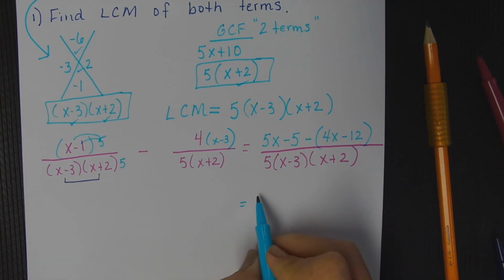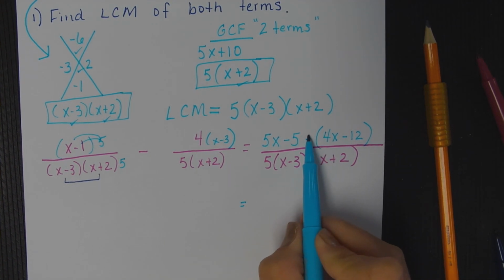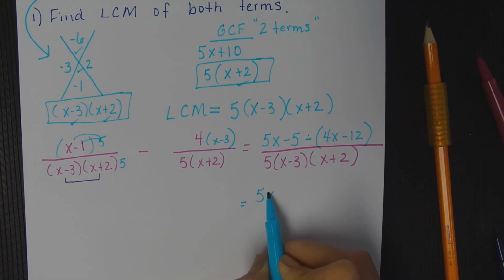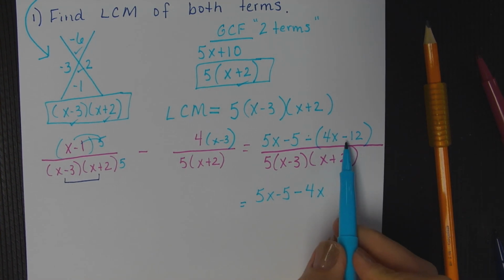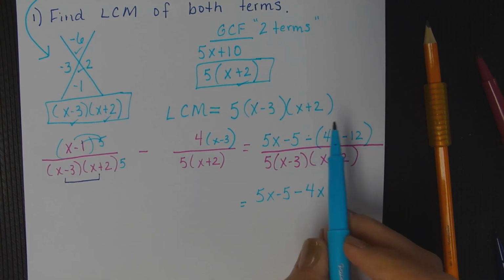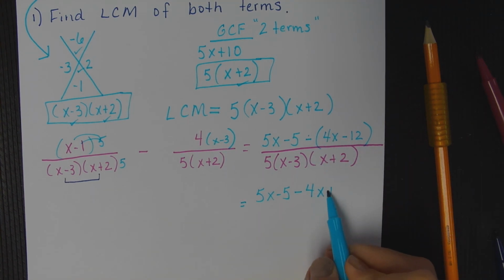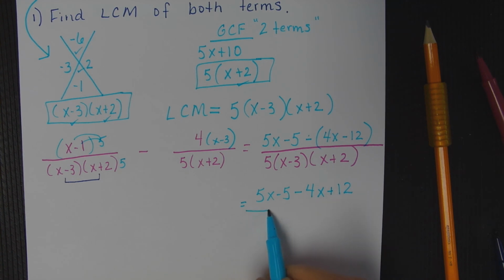Add 1. All right. So this negative, here, I'm just going to write it. 5x minus 5 minus 4x. What happens to this negative 12? Okay. It is now positive. Minus a negative 12 is a positive 12.